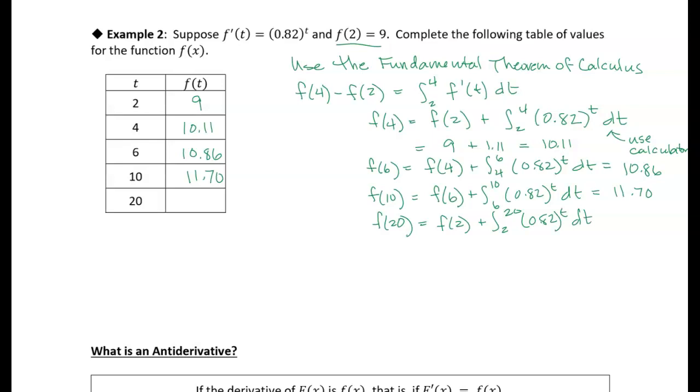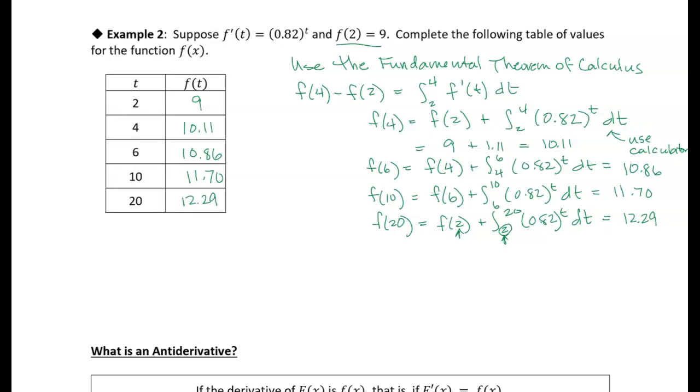Okay, so it doesn't matter. I just want to add on to some value I already know, and it could be the value at 10 or it could be the value at 2. But if I use 2 here, then I have to integrate from 2. So I add the whole area from 2 to 20. Okay, and when I did that, I got 12.29. Okay, so that's all we need to do.